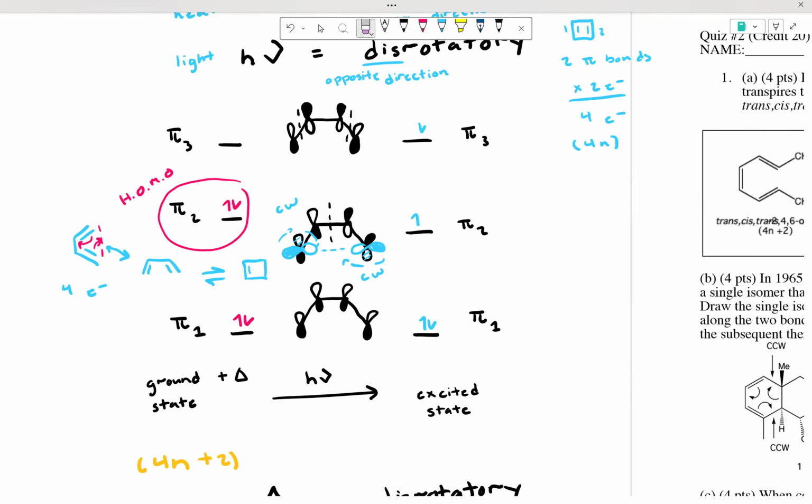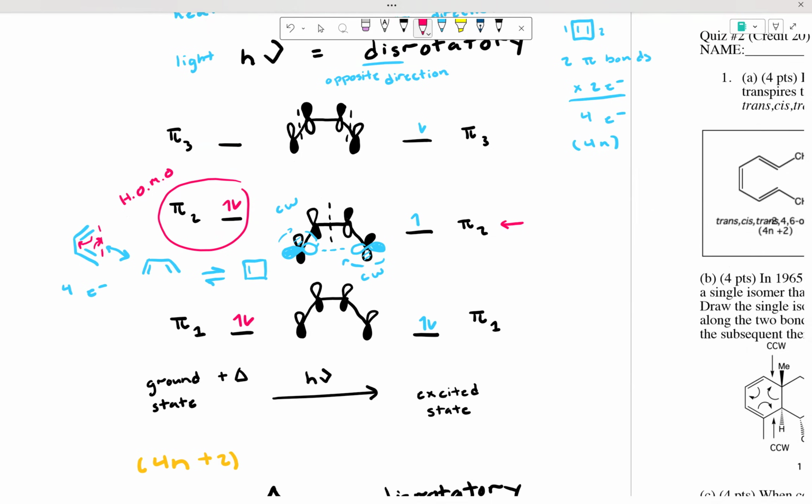This is a more unstable state because, as you can see in pi 2, this is not a full molecular orbital with two electrons. It only has one, and this one also only has one electron.